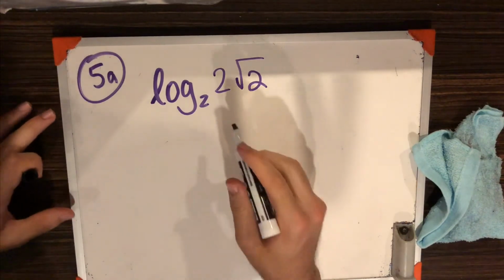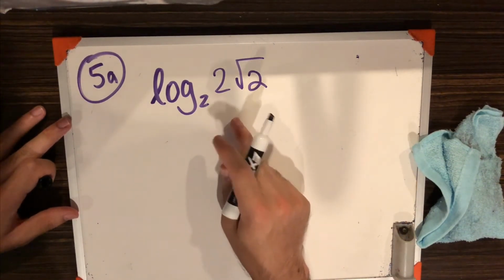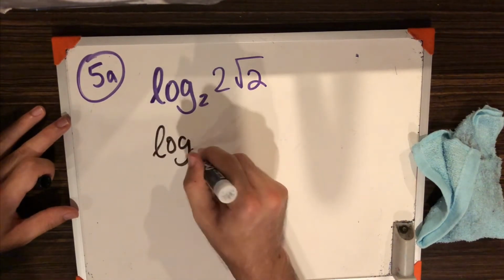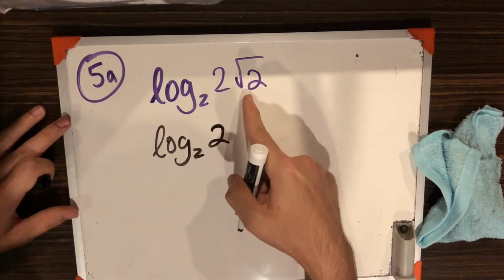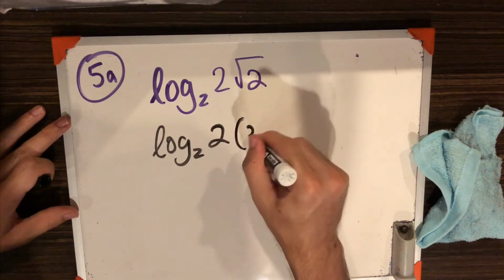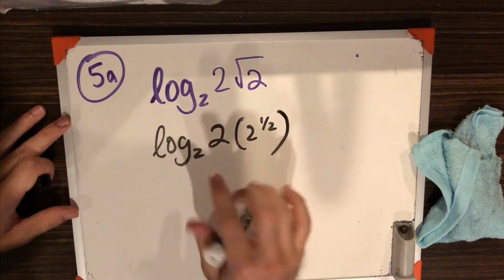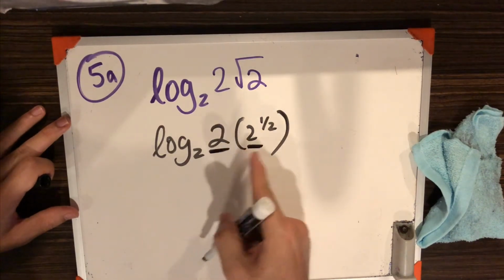5a, there's a couple of ways you could do 5a. You need to clean this up a little bit. So log base 2 of square root of 2, how about we change this to 2 to the 1/2 power, right? They still mean the same thing. Well, I can end up multiplying these because they have the same base.